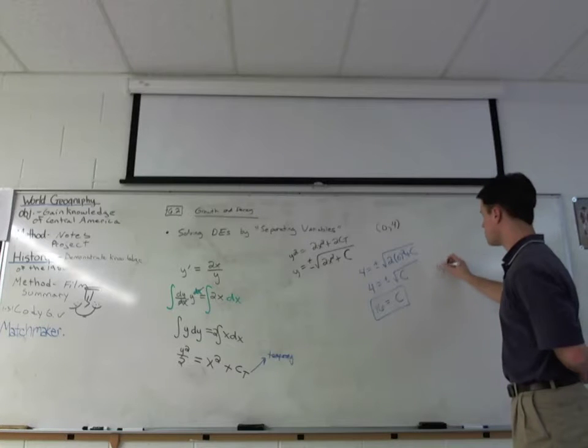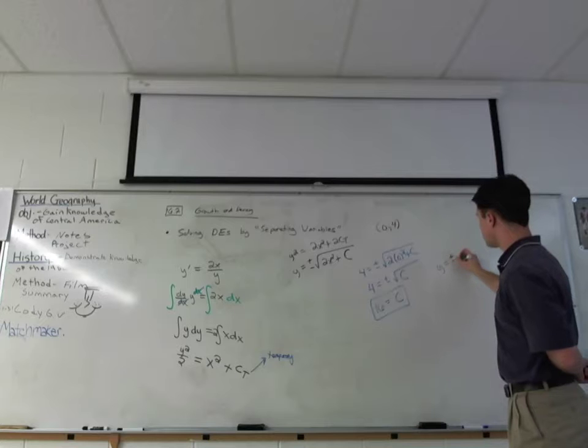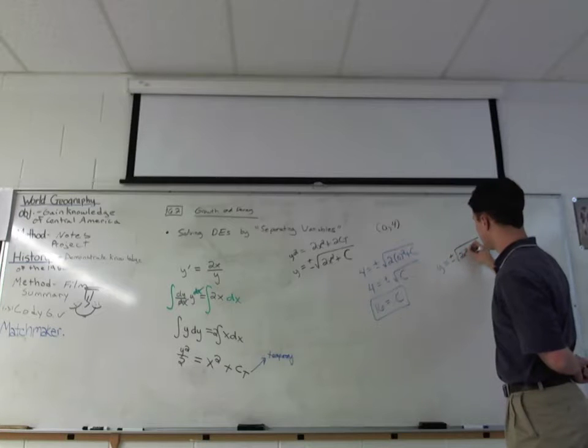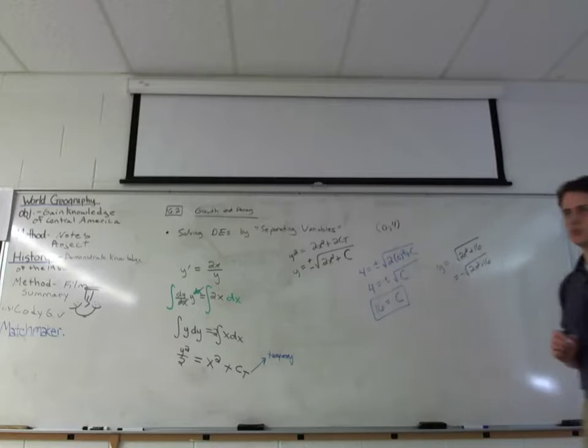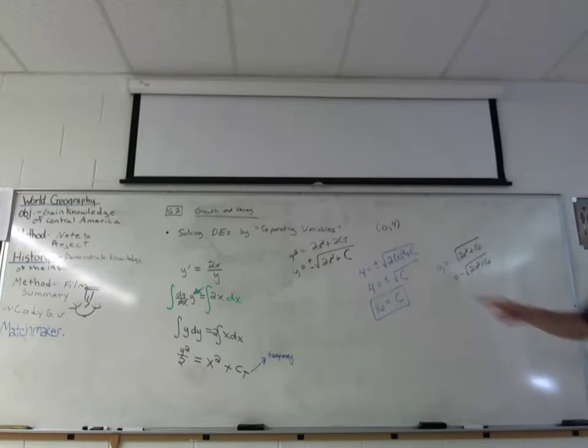So our two particular solutions are y is plus or minus the square root of 2x squared plus 16. So there's one, there's the other. Those would both satisfy the equation. If you take either one of those and plug it back into the differential equation, it should work.